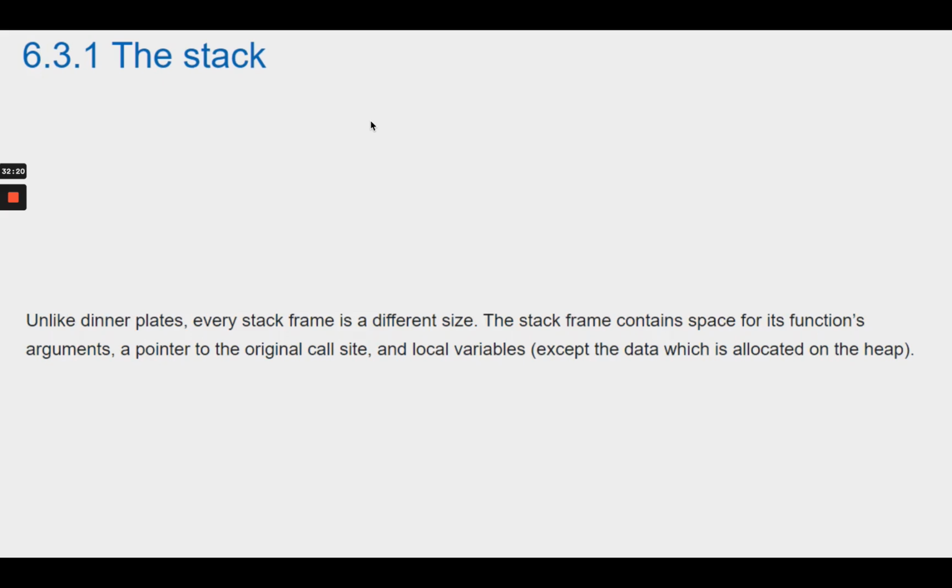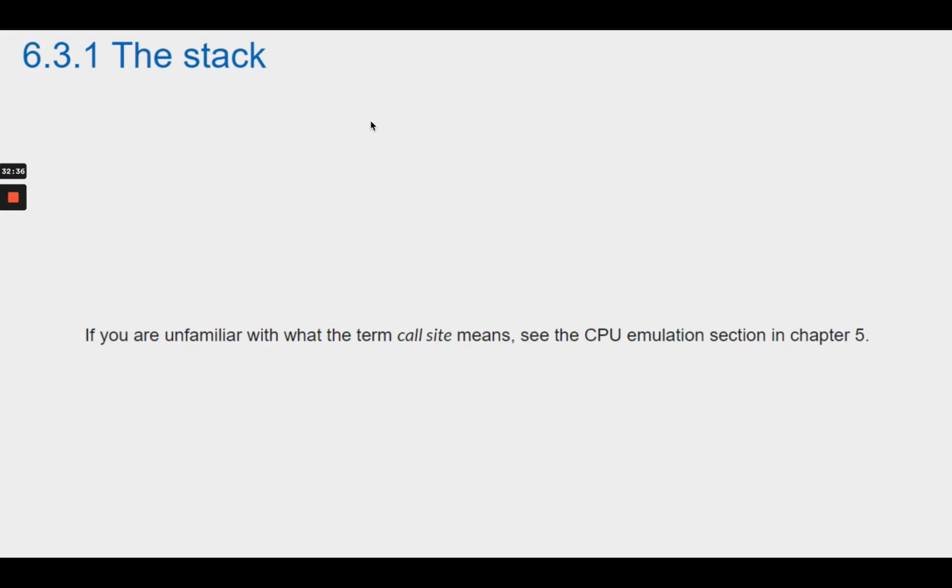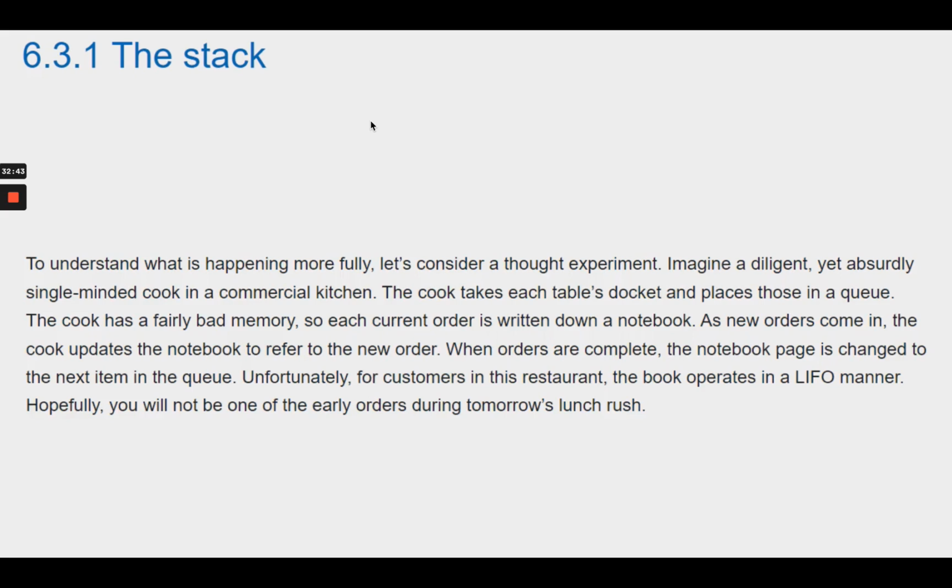Unlike dinner plates, every stack frame is a different size. The stack frame contains space for its function's arguments, a pointer to the original call site, and local variables, except the data which is allocated on the heap. Note: if you are unfamiliar with what the term call site means, see the CPU emulation section in Chapter 5.